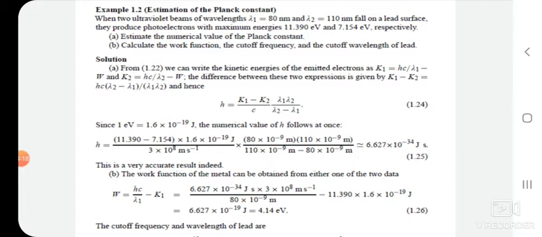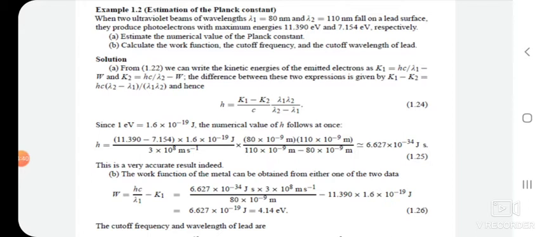Then after this we have to find out the work function. The work function of the metal can be obtained from either one of the two data. Here the work function for a specific material is the same.